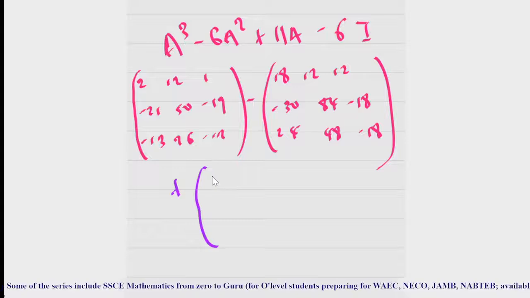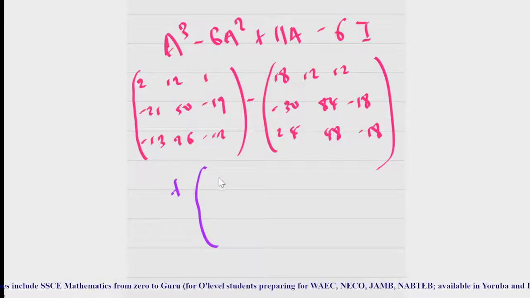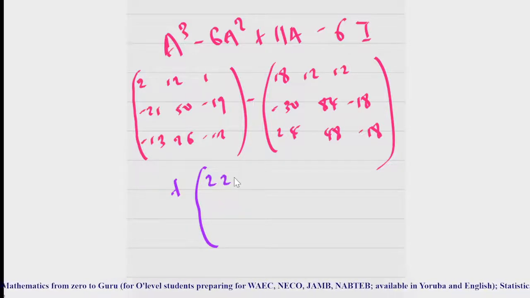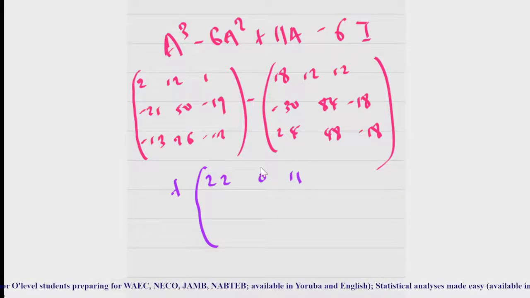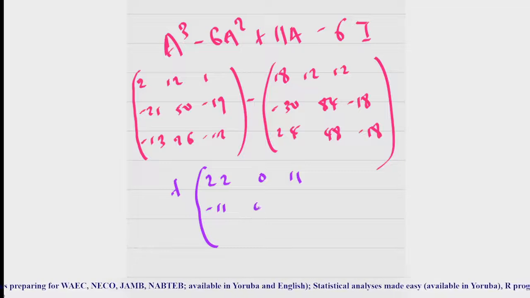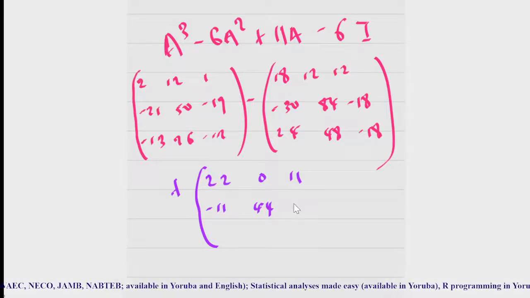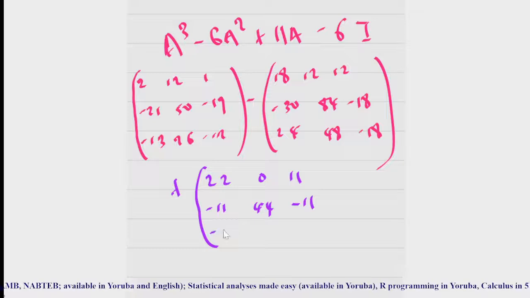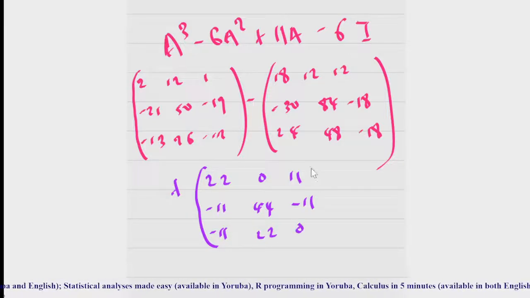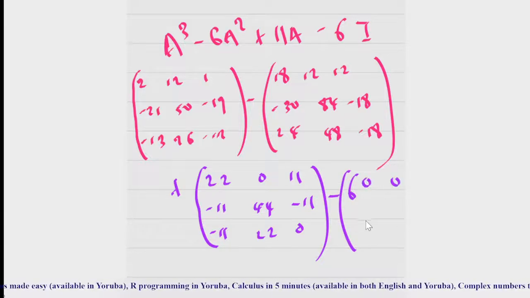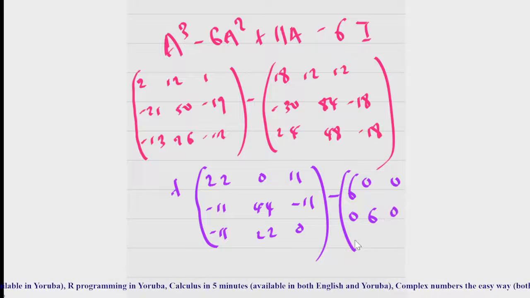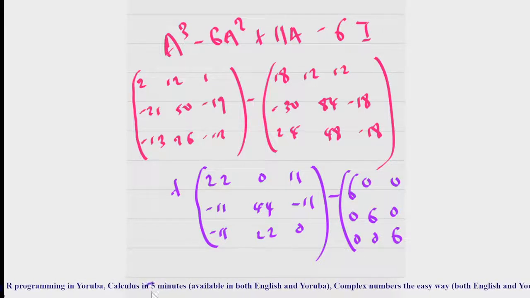If you multiply it by 11, this is 22, right? 0, 11, minus 11, 44, minus 11, minus 11, 22, 0. And lastly for 6I, that's 6, 0, 0, 0, 6, 0, 0, 0, 6.